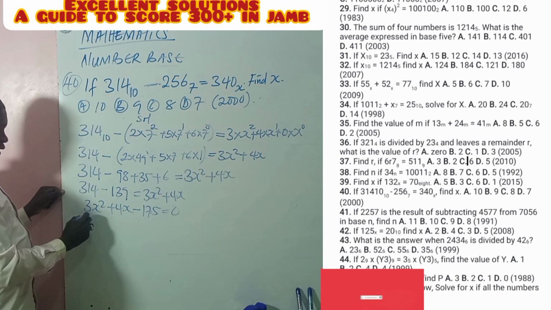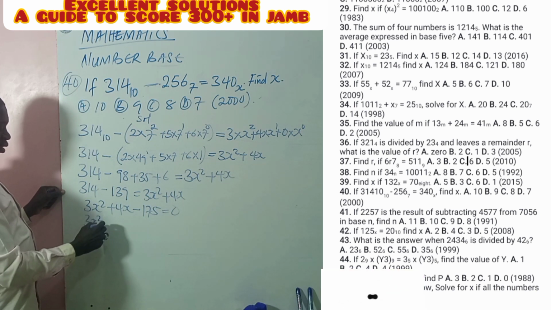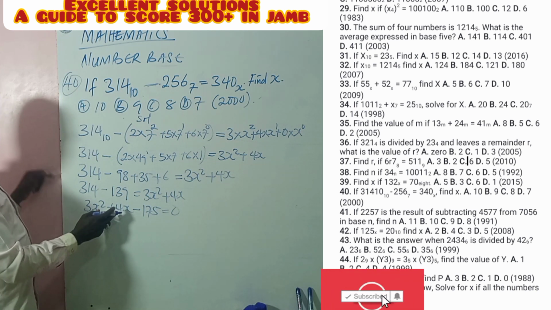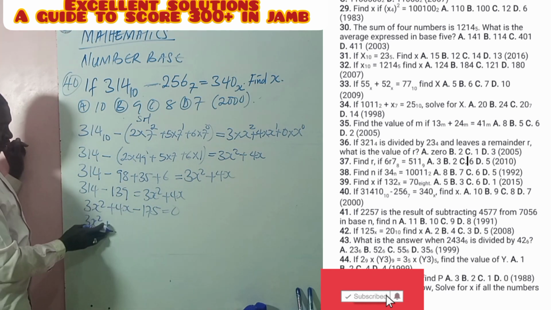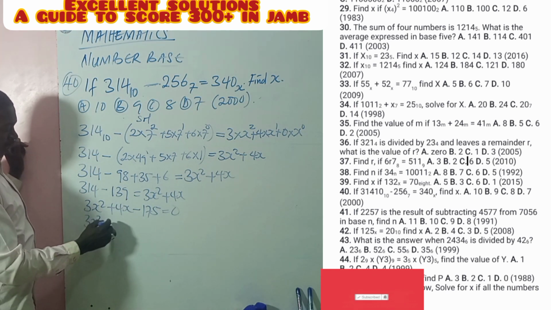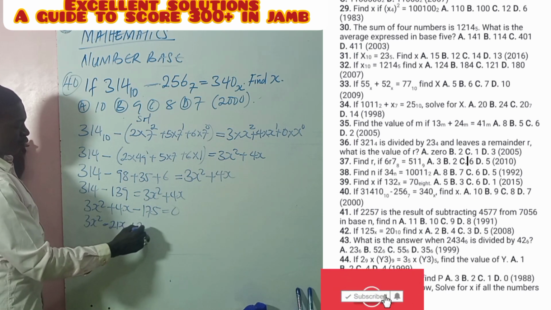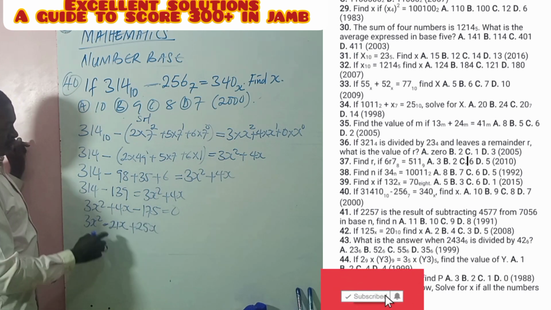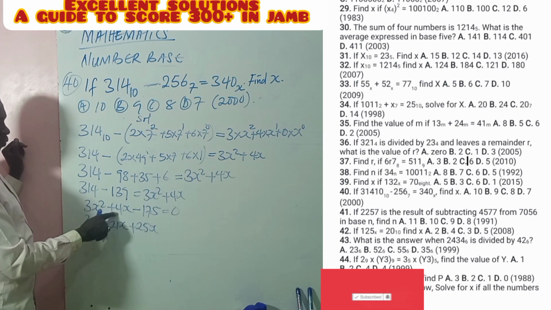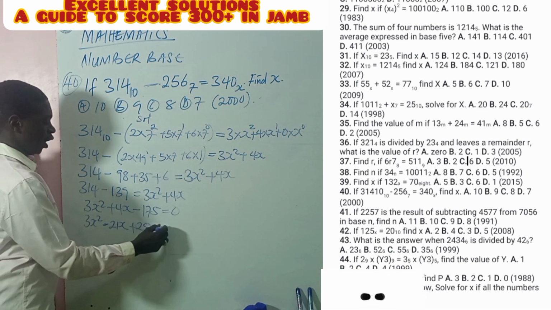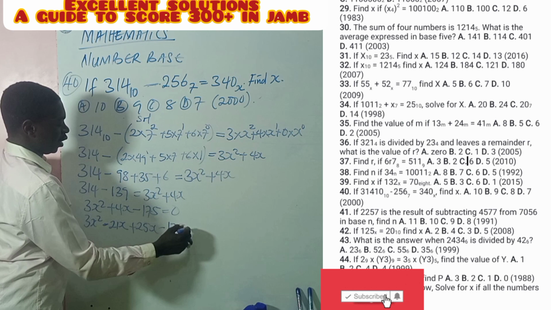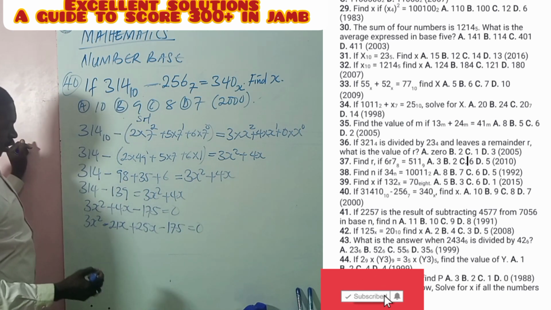This is the same as 3x squared, and since this is 4x, we can make it minus 21x plus 25x. Minus 21 plus 25 we have 4x. Then minus 175 equals 0.